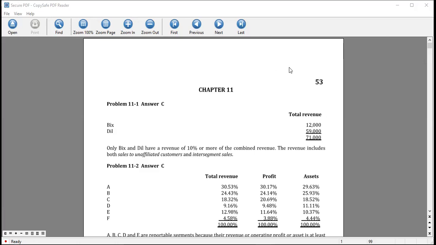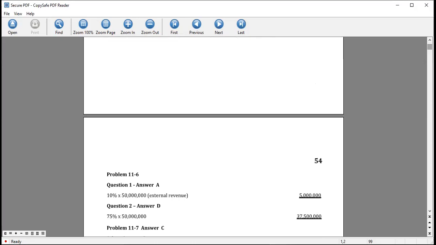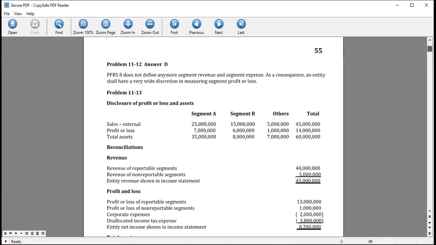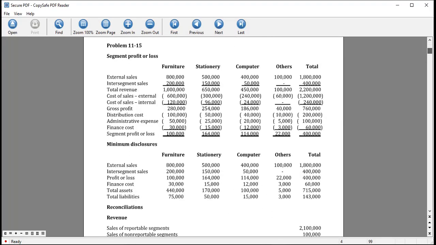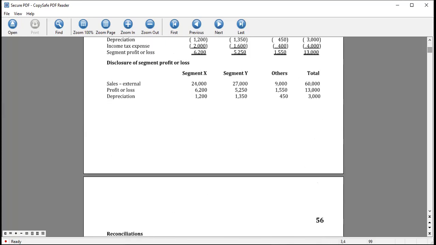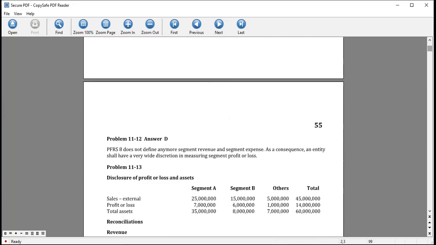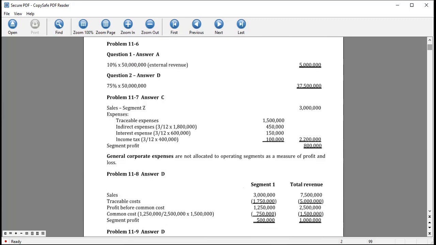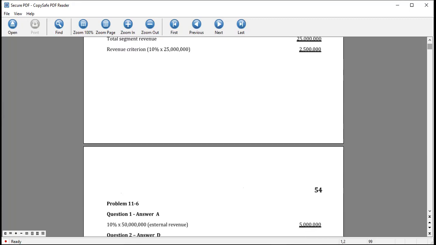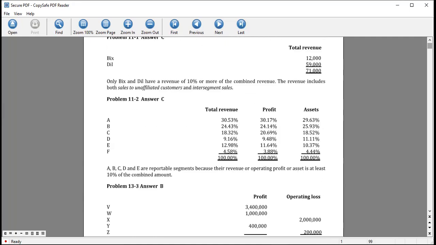11-2 now requires: for how many reportable segments does Corey have? So how many reportable segments in 11-2? So we have now to determine the number of reportable segments.